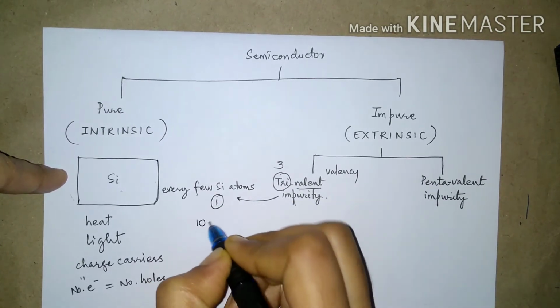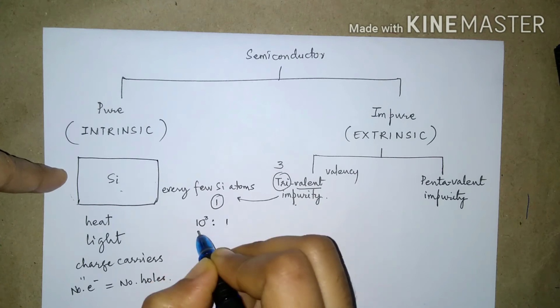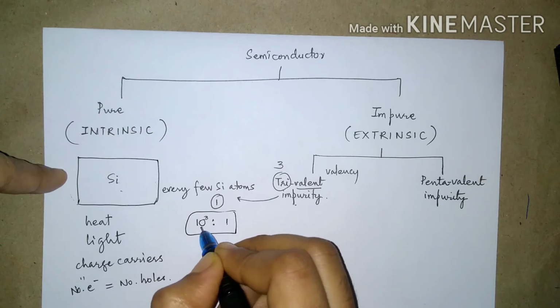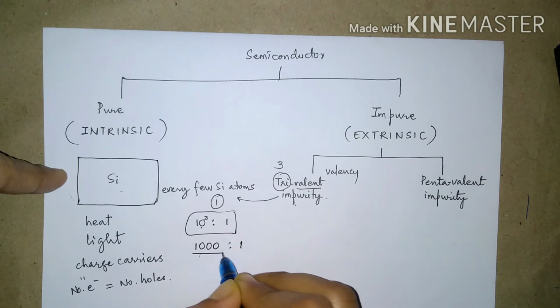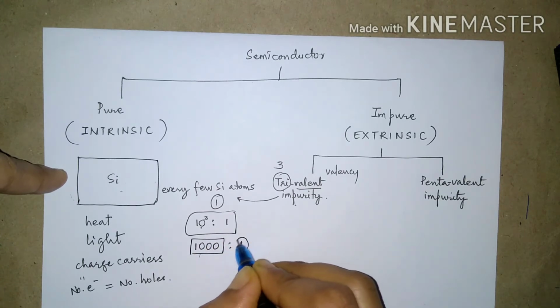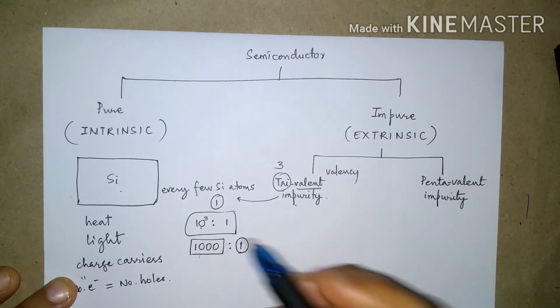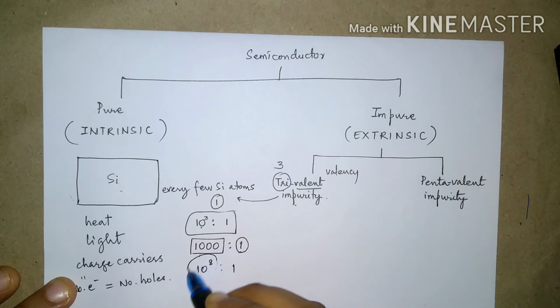So they indicate it like a ratio 10 to the power of 3 is to 1, that is 1000 is to 1. So for 1000 silicon atoms they are adding one impurity atom. Or 10 to the power of 8 is to 1 is for how many?